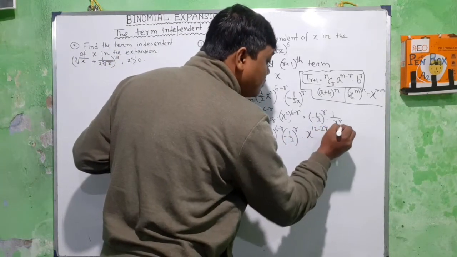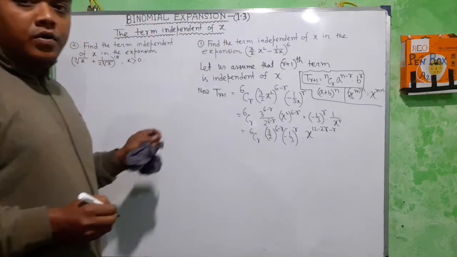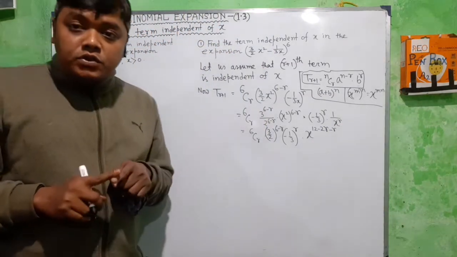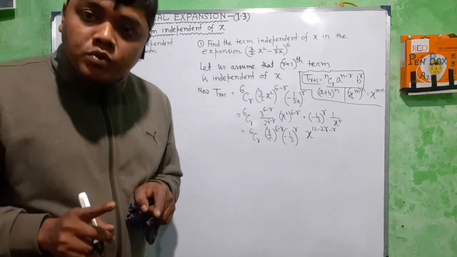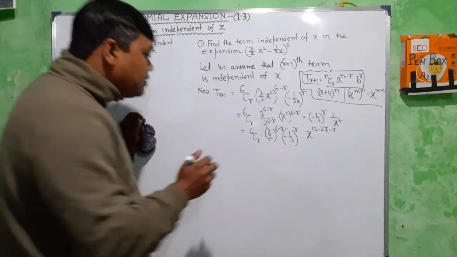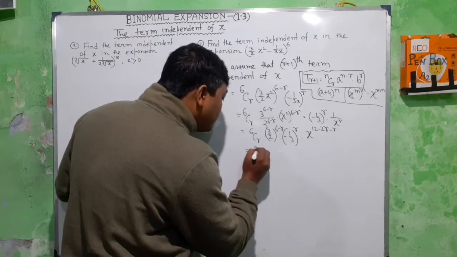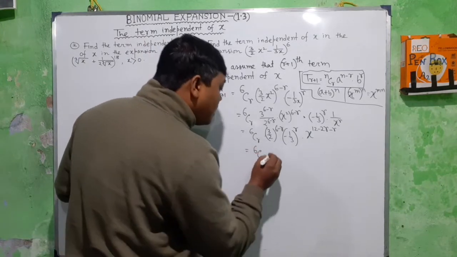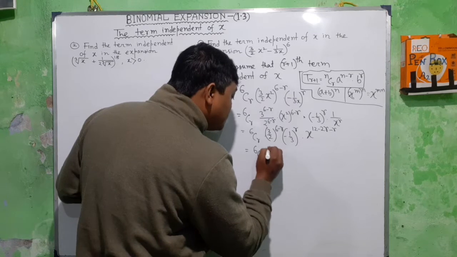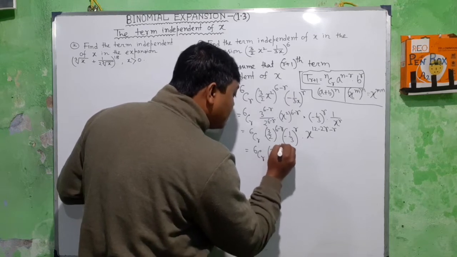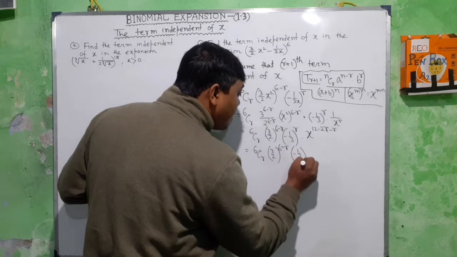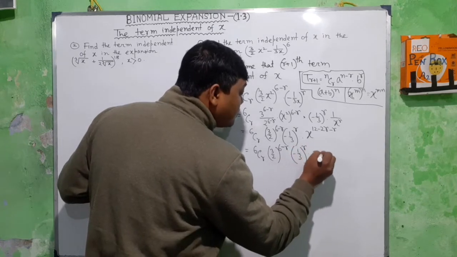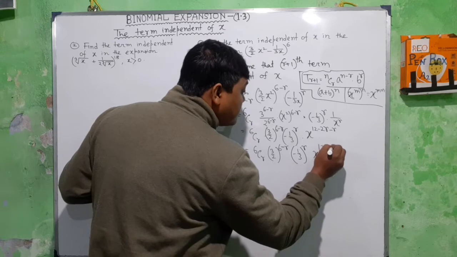According to the indices rule, x^m / x^n gives x^(m−n). So after some calculation, 6Cr (3/2)^(6−r) (−1/3)^r x^(12−3r).